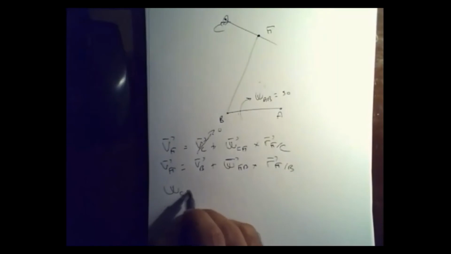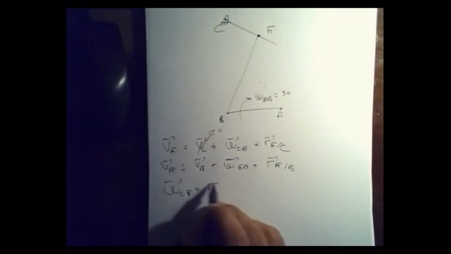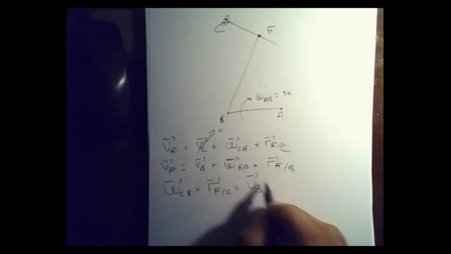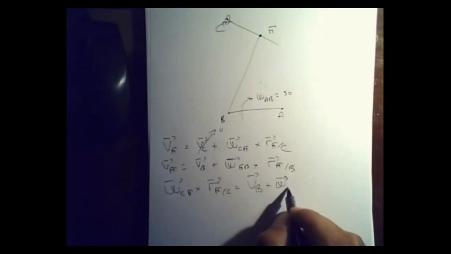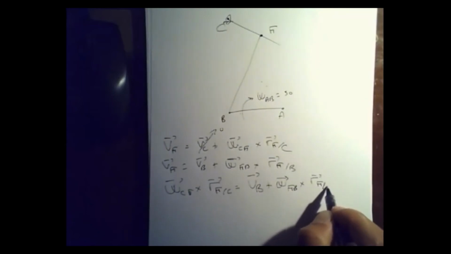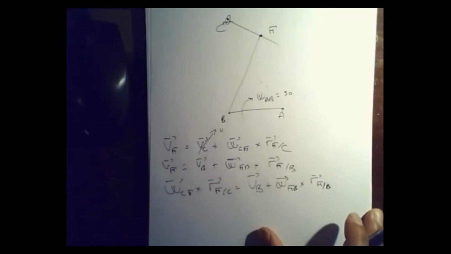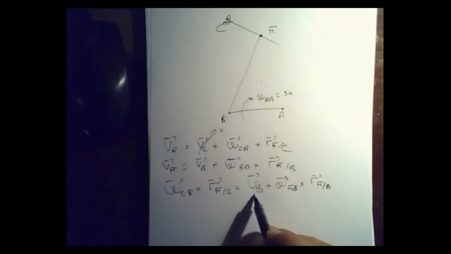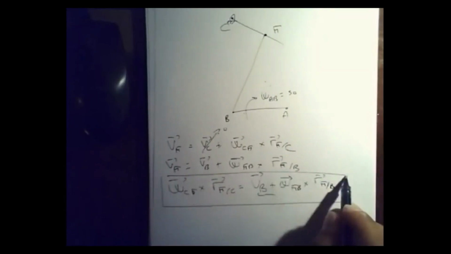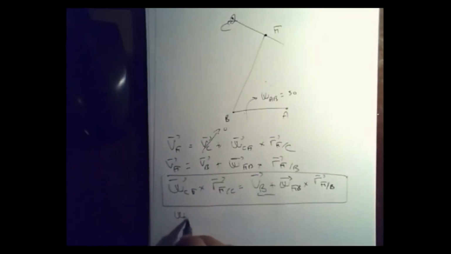So I can write omega CF cross... we already calculated omega, we already know VB. Here we have two equations and two unknowns. What are the unknowns here? The unknowns are omega CF, its value, and then omega FB, right?